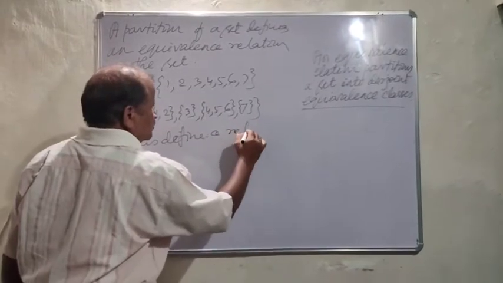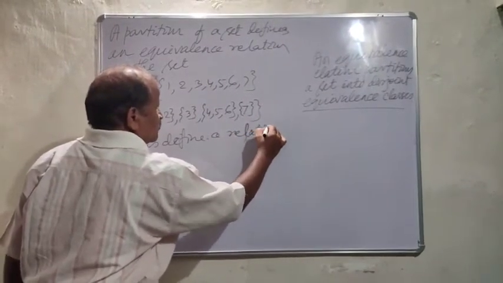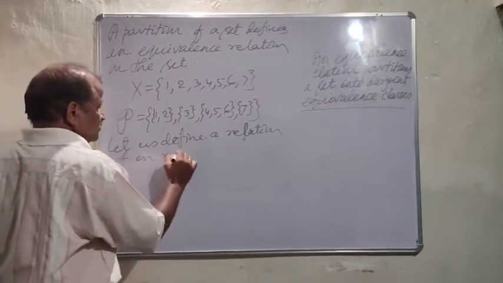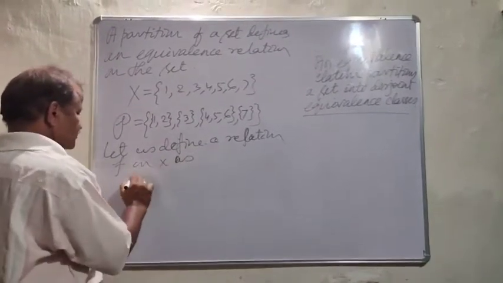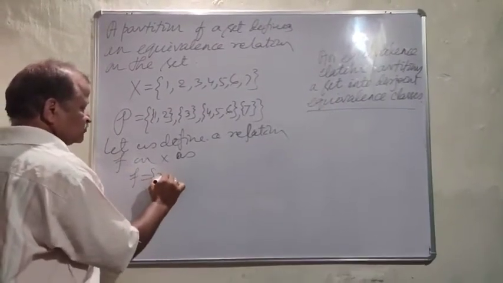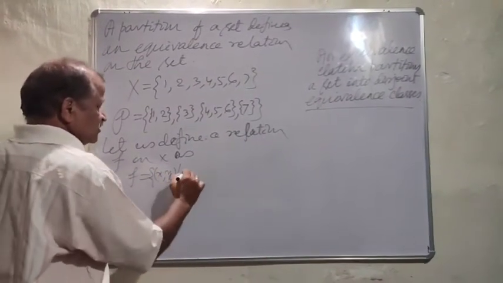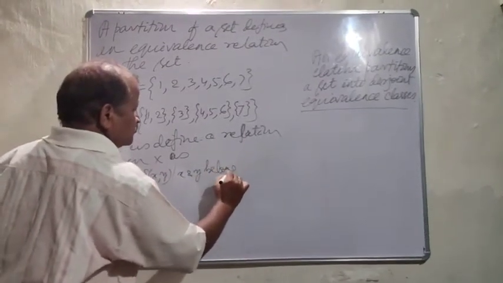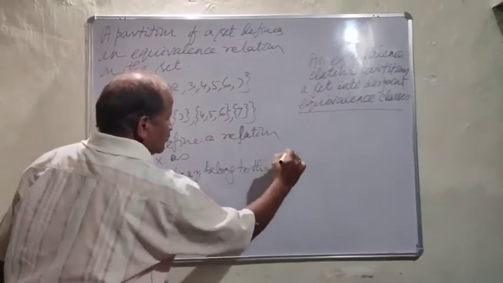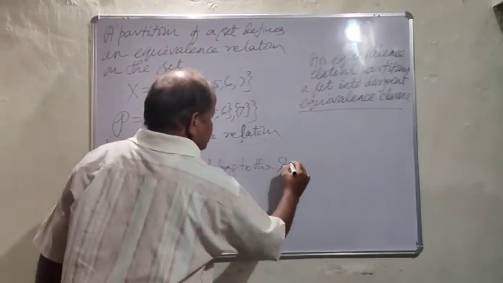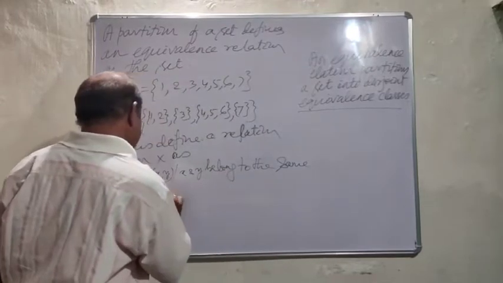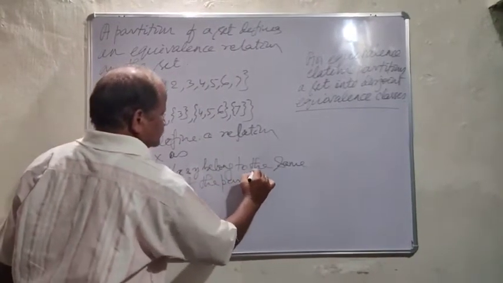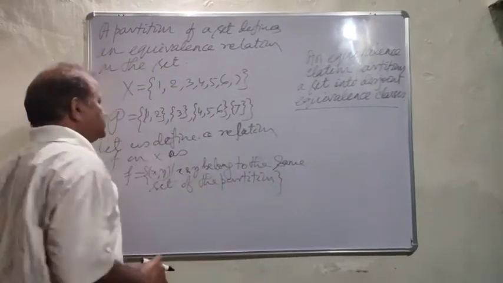A relation f on X, f is equal to {(x, y) such that x and y belong to the same set of the partition}, right?